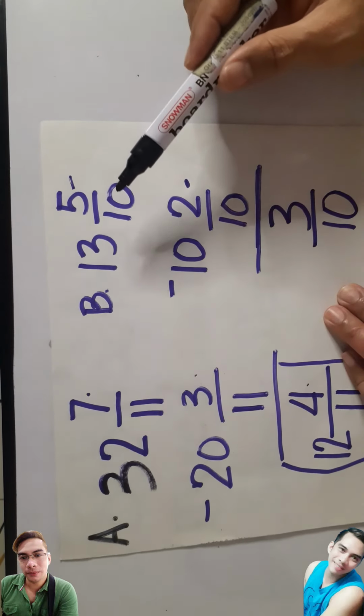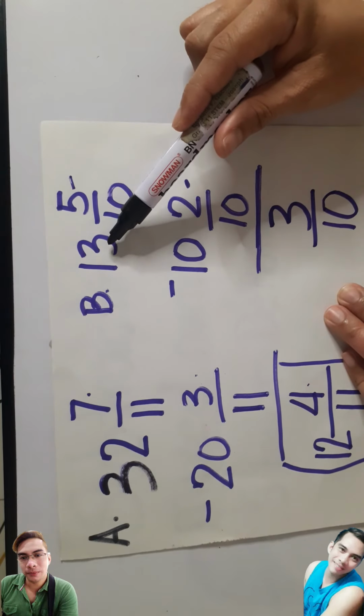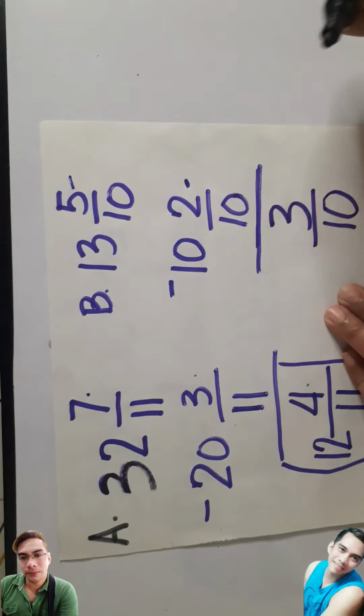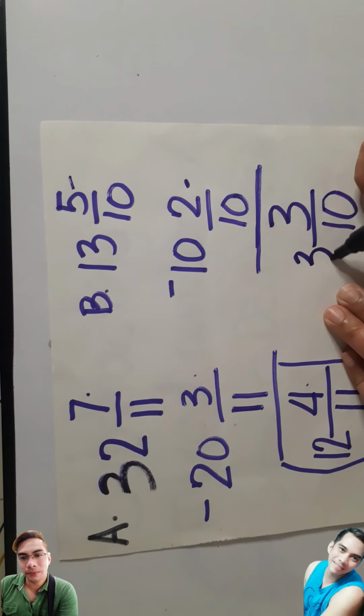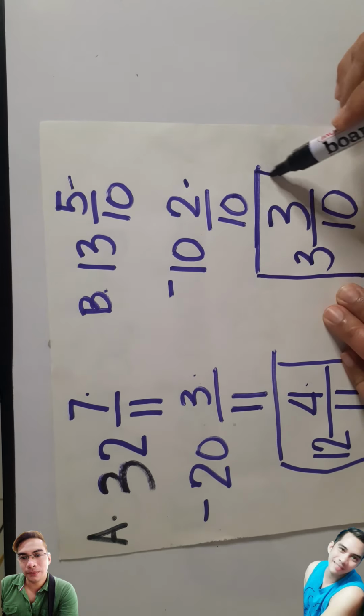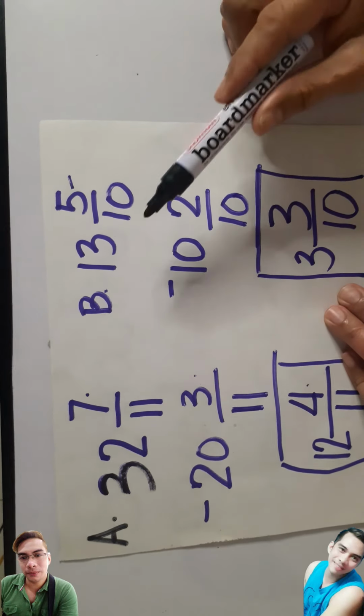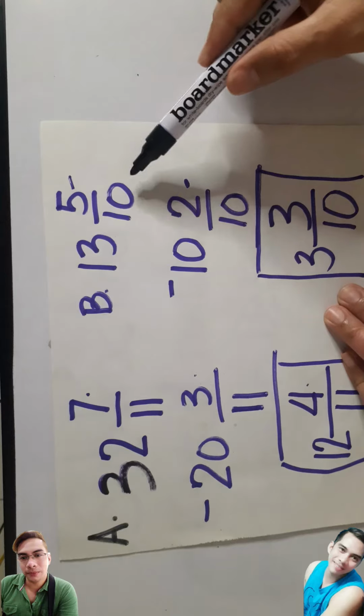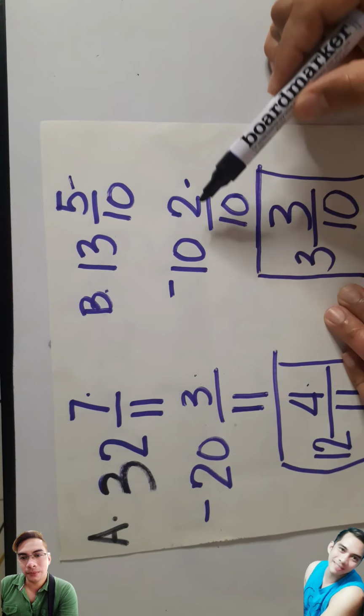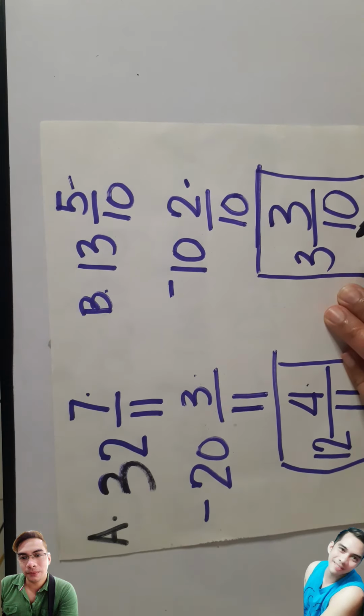Then, isusubtract po natin ang whole number, 13 minus 10, the answer is 3. So, our final answer is 3 and 3/10.